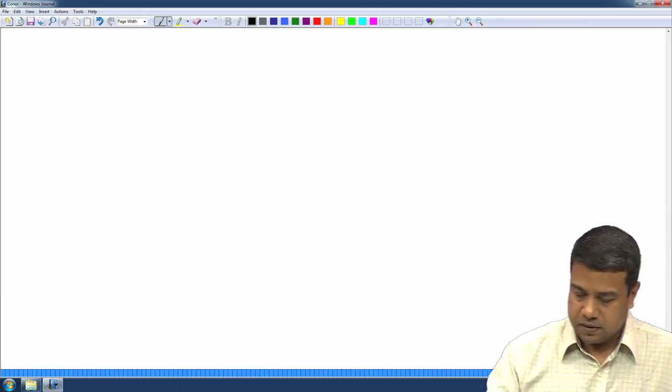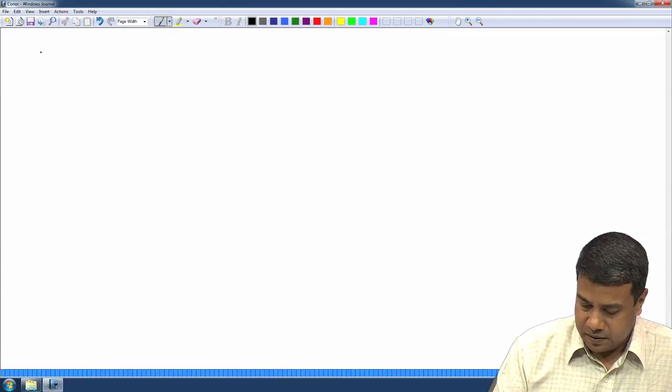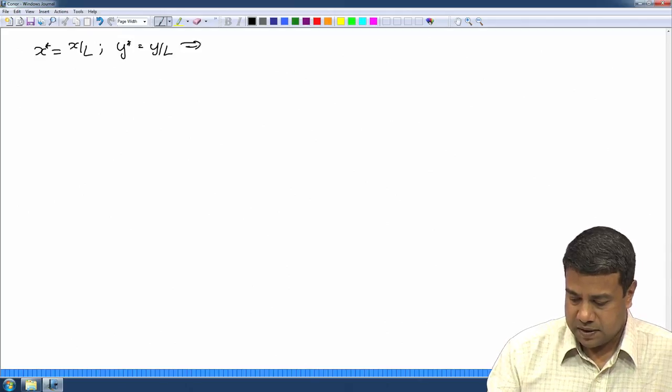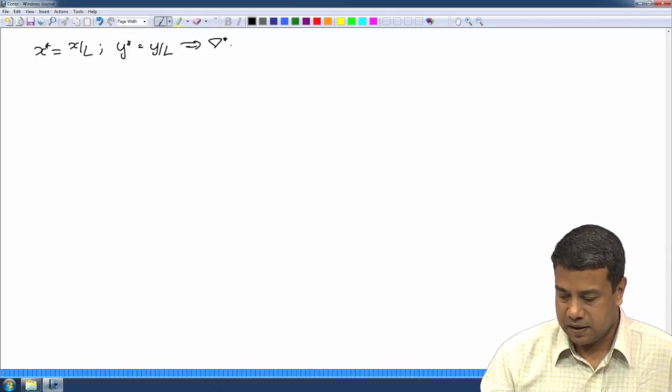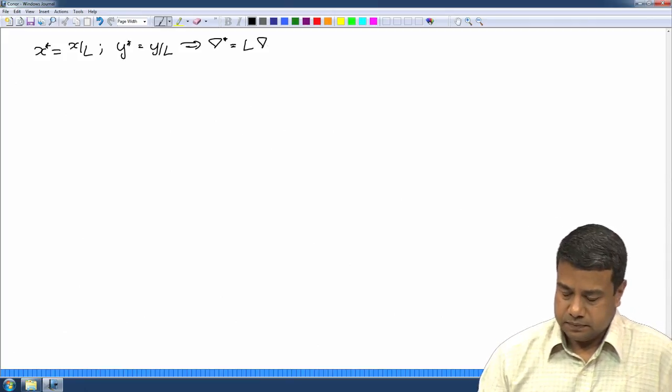So, how do we scale these equations? x star can be scaled as x by L, y star is equal to y by L, which implies that the scaled gradient is equal to L times the gradient.